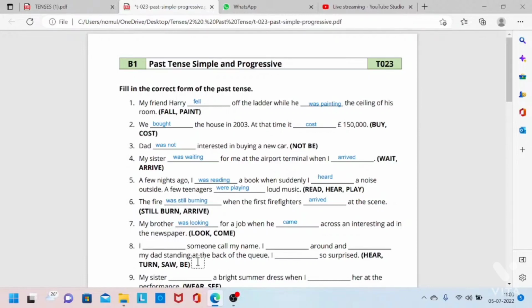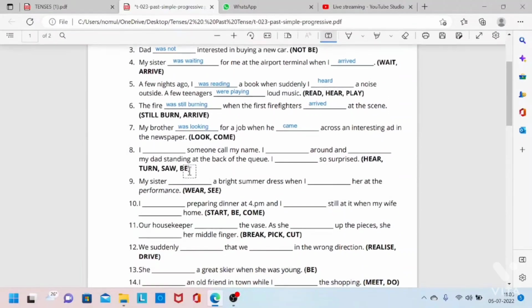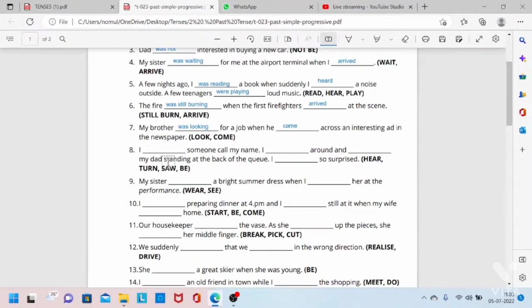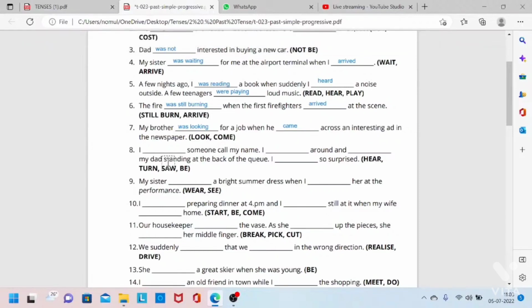So let us move to eighth now. Let me write it down. Yes. So: I ___ someone call my name. I ___ around and ___ my dad standing at the back of the queue. I ___ so surprised. So we have 4 blanks here. Using hear, turn, see, be, we have to complete this.